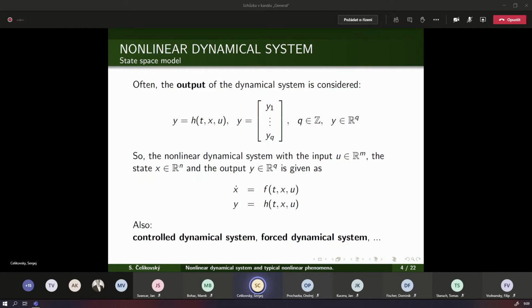So then, as in the case of linear systems, we are also interested in some output relation. So the output relation is already a static relation, just a function of state and input and possibly time.